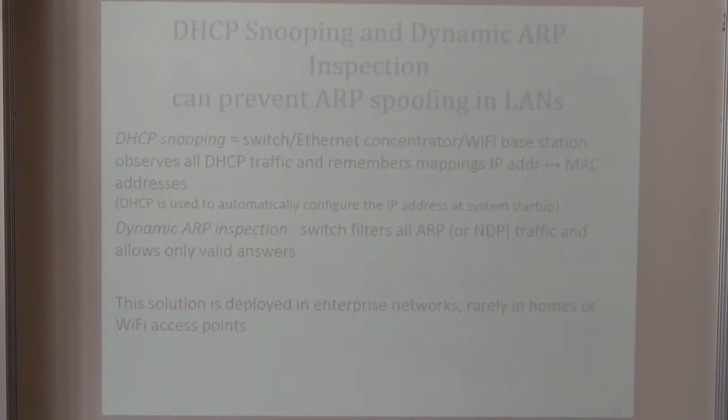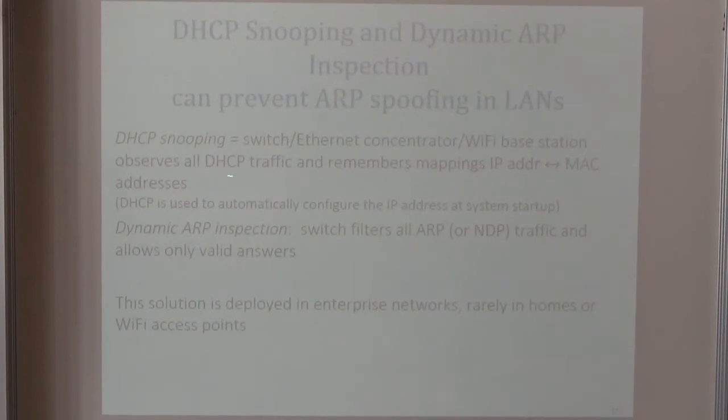In particular, in enterprise networks, if you buy Cisco equipment, and I guess Juniper is the same, the boxes that are the switches, for example, that are the Ethernet boxes to which you connect, or the routers themselves, will try to prevent ARP from happening by keeping a table of all the MAC addresses that correspond to given IP addresses.